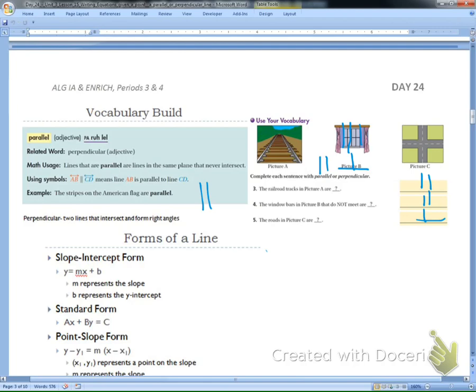That's where you use the point-slope formula: y minus y1 is equal to the slope times the quantity of x minus x1. This form, you'll always see that set of parentheses. So you know you're not working with point-slope form unless you see parentheses, where x1 and y1 represent a point on the line, and m represents the slope.